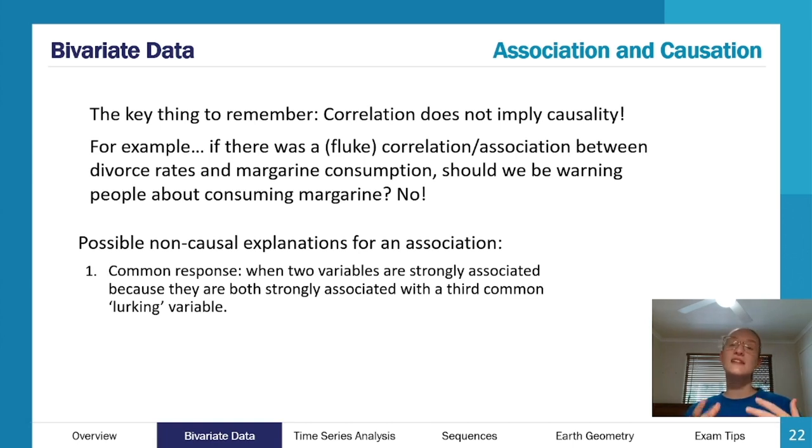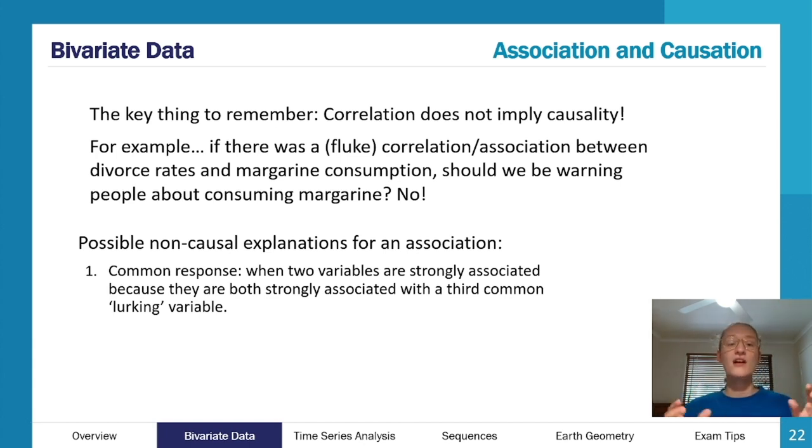So for example, scenario: if a study found a really strong association between the number of scarves worn and the number of hot chocolates sold, does that mean the number of scarves worn and the number of hot chocolates sold are directly correlated? Well, no, it actually doesn't. There could be a third lurking common response variable, such as the temperature.